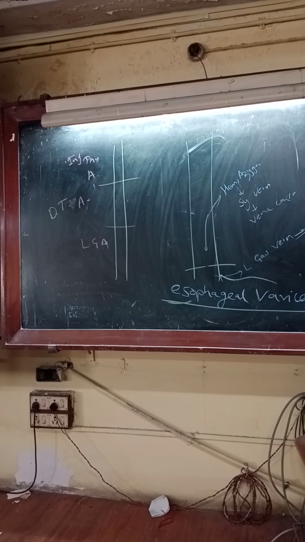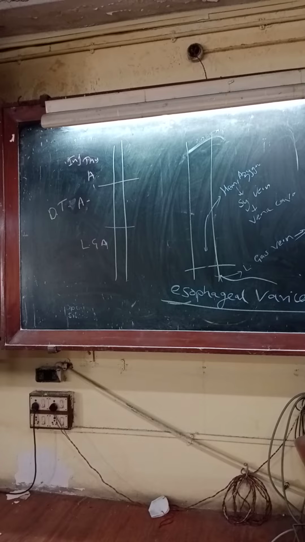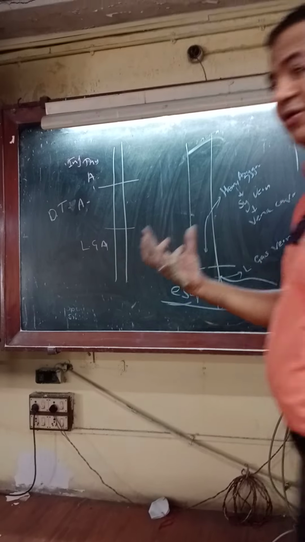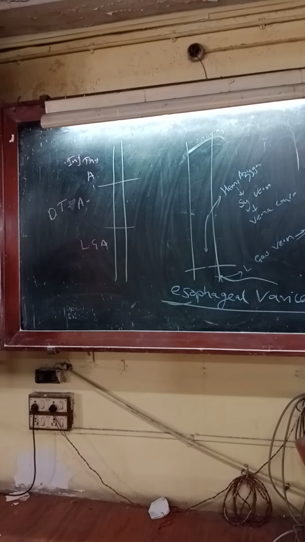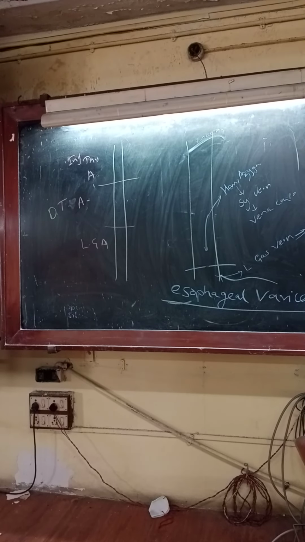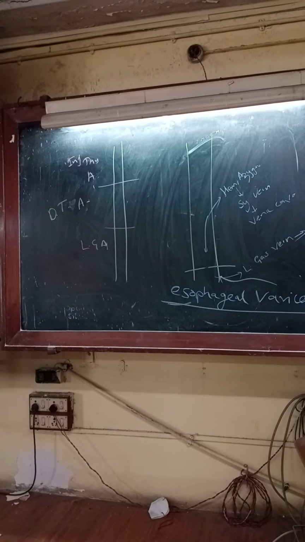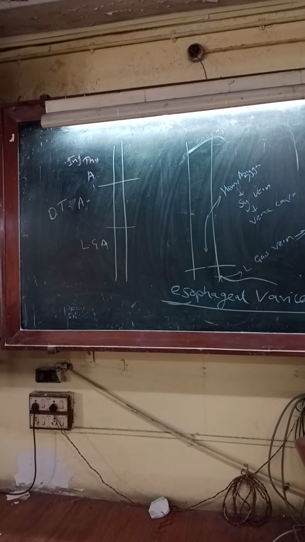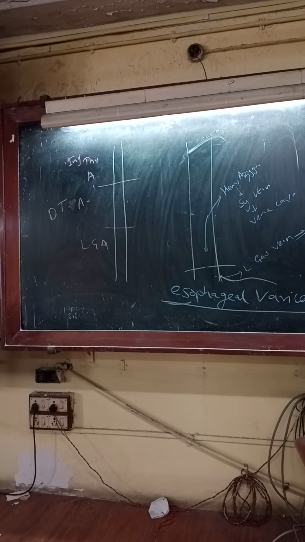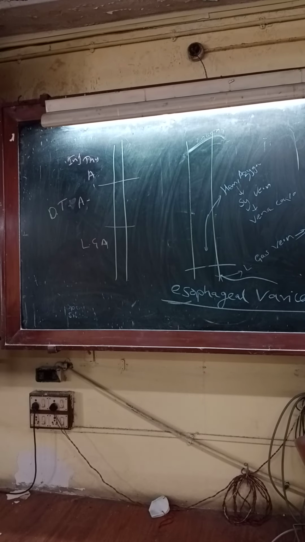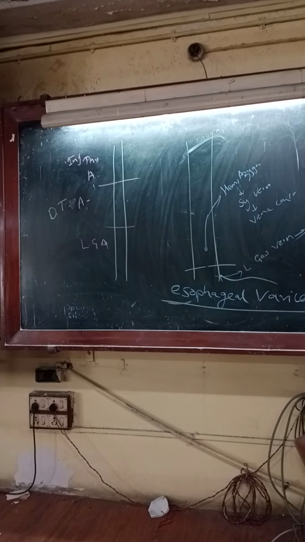So dilatation of esophageal veins is called esophageal varices, and they may burst. When the patient starts vomiting blood in cirrhosis, that means the varices have burst. So there are treatments to be done.